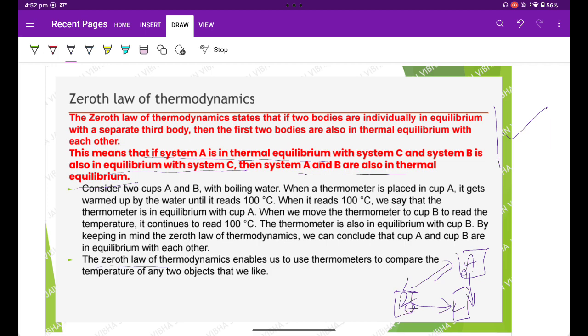The zeroth law enables us to use a thermometer to compare the temperature of two objects. When two objects are in thermal equilibrium with each other, we can say that they are at the same temperature. That is the zeroth law, the most basic law of thermodynamics.